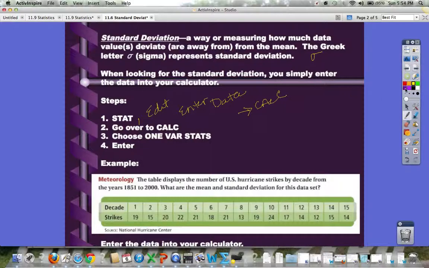Now, when you're looking at your information in your calculator, they use this symbol right here, which is called x bar. That is your mean. Most of the time you might even see it written as mu, the Greek letter for mean.